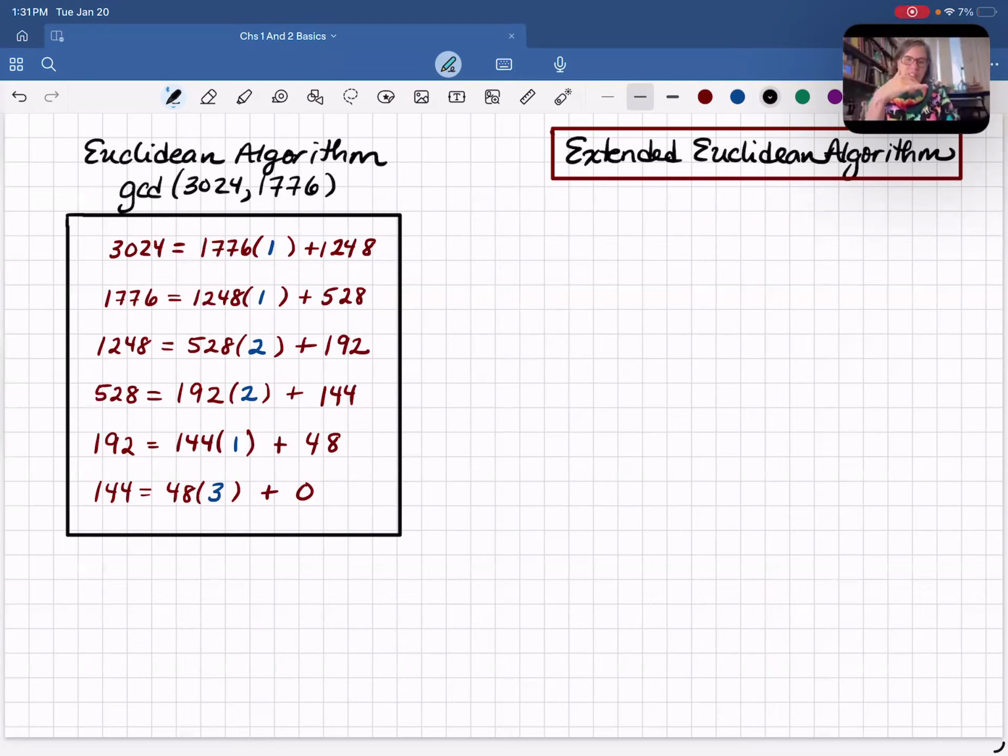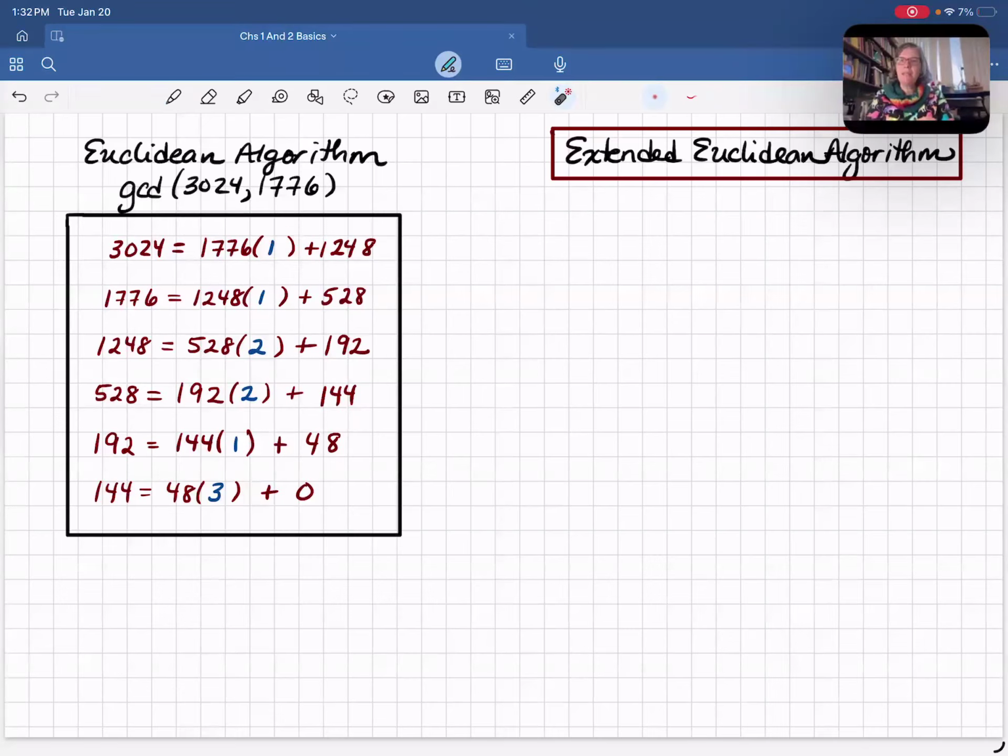Next, you do 1776 divided by 1248. The quotient is 1, and the remainder is 528. Then you do the same thing with the numbers 1248 and 528 and so on. And what we find is that the GCD, it's the last non-zero remainder. So the GCD is 48.